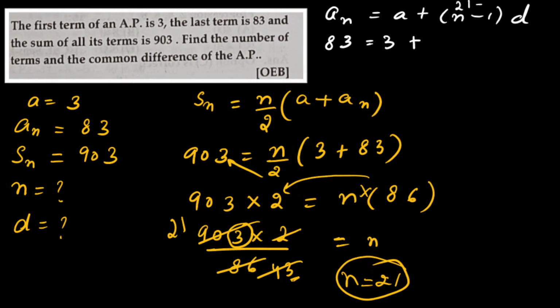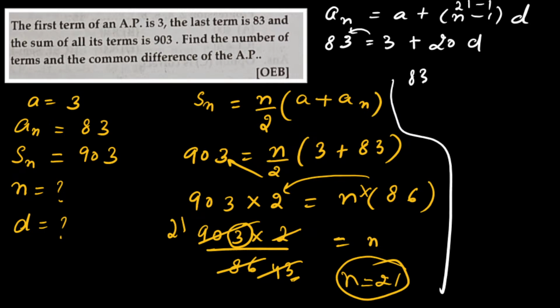So 21 minus 1 is 20 into d. First of all we'll shift 3 to the other side, it will get subtracted. 83 minus 3 is equal to 20d, so 80 is equal to 20d.